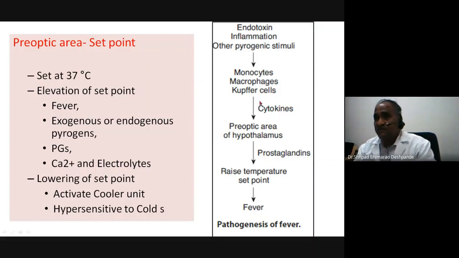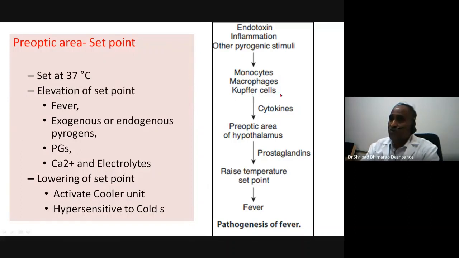They are released from the monocytes, macrophages, and even polymorphonuclear leukocytes and Kupffer cells. These cytokines and endogenous substances they produce are nothing but the pyrogens.